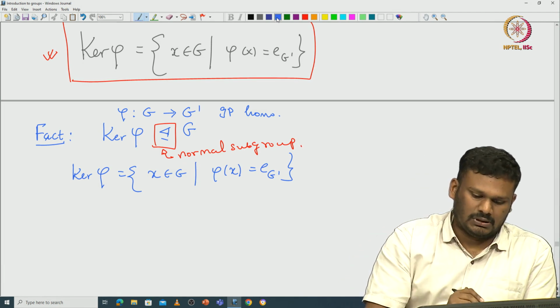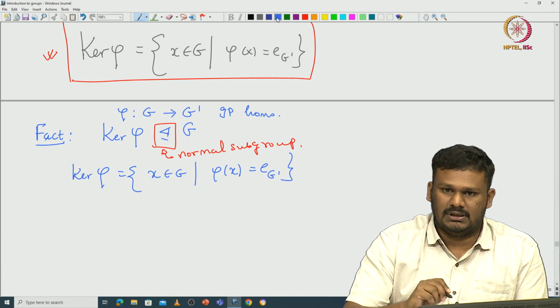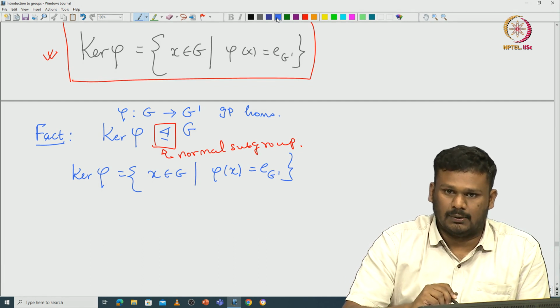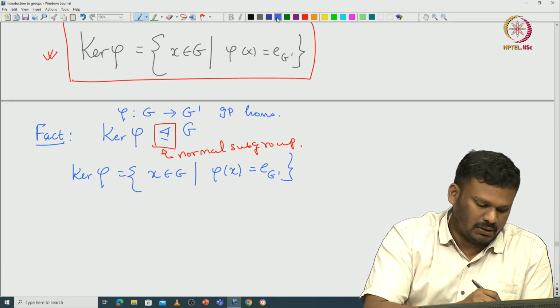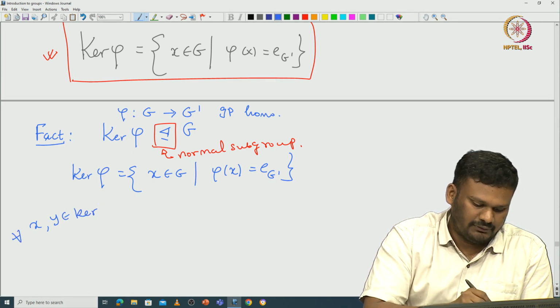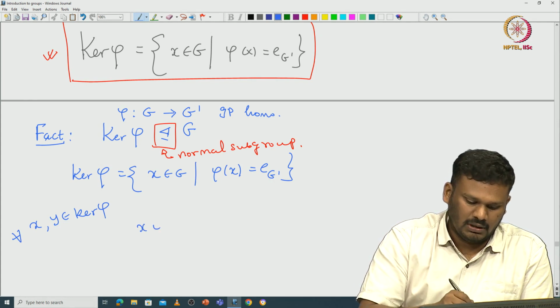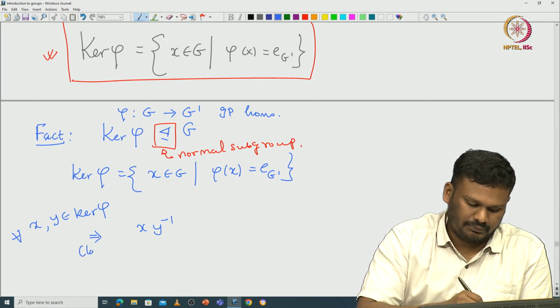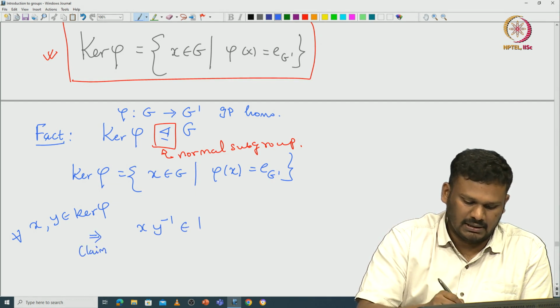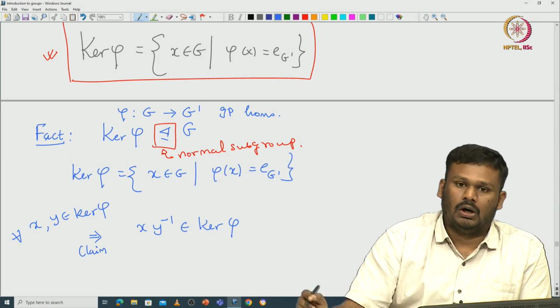We already have this characterization for subgroups. If you take two elements x, y inside the kernel of phi, then the kernel of phi is a subgroup if and only if x y inverse, this is the claim, is inside the kernel of phi. How do you verify this?